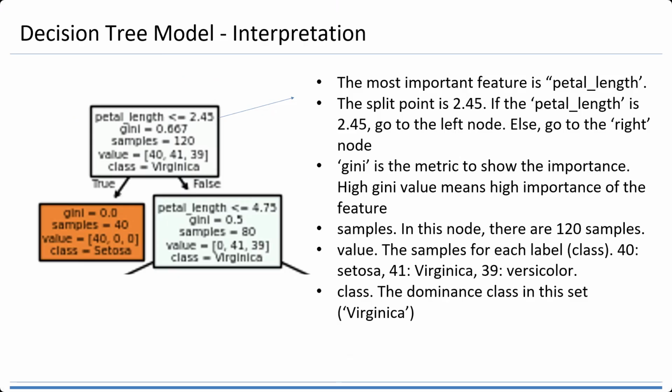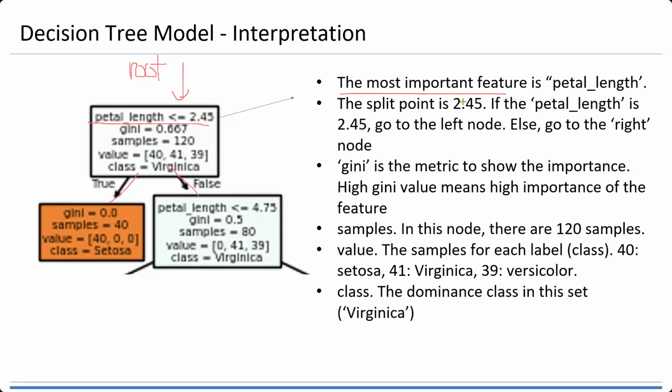Yeah, the figure in the Google Colab is not that clear, but let's look at one by one. The petal length, okay, it means this is the feature that can split the most because this is the root.